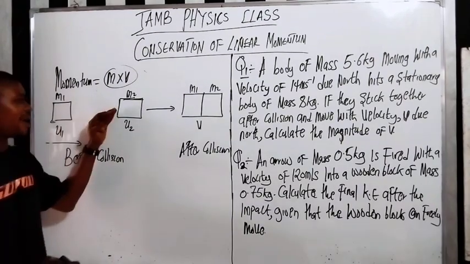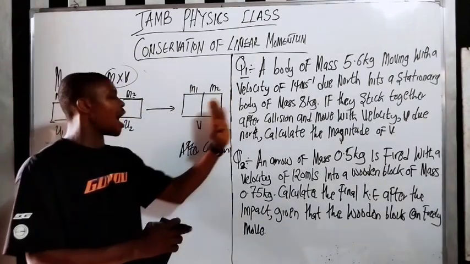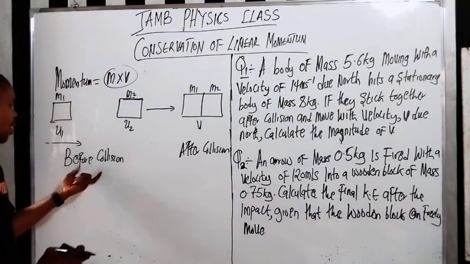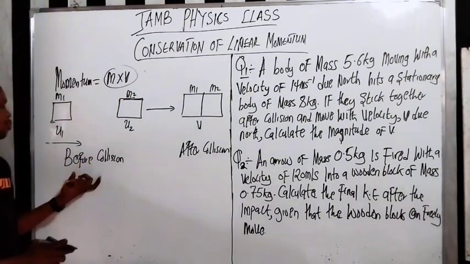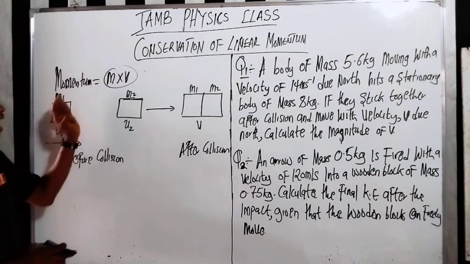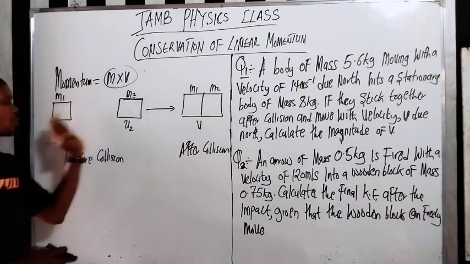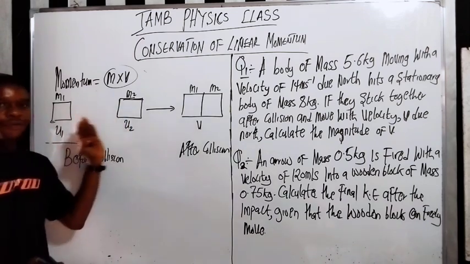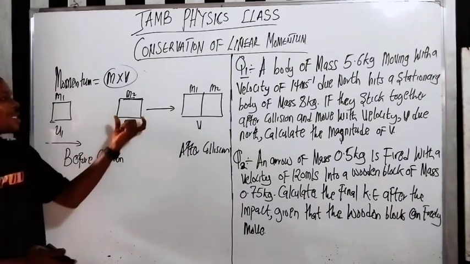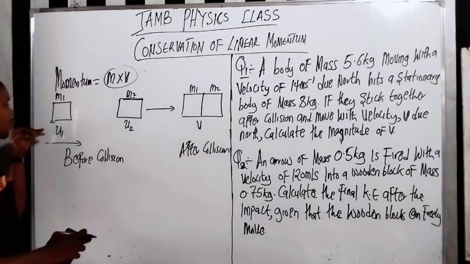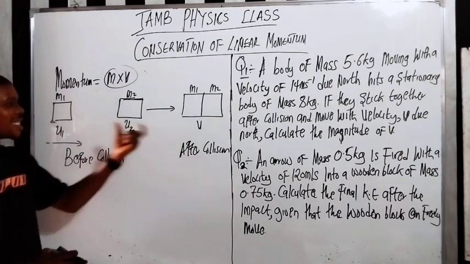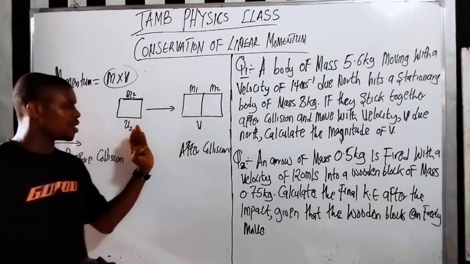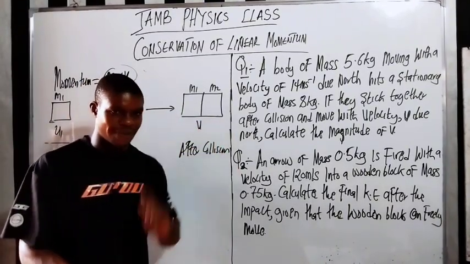Once this one hits the other, they stick together and move in the same direction with a common velocity. Before collision they have different velocities, just that one is stationary while the other is moving.